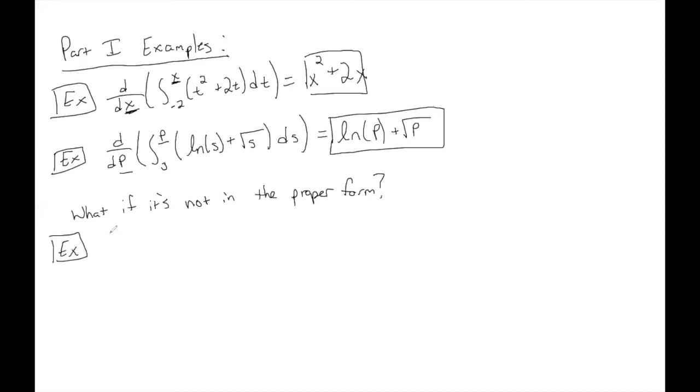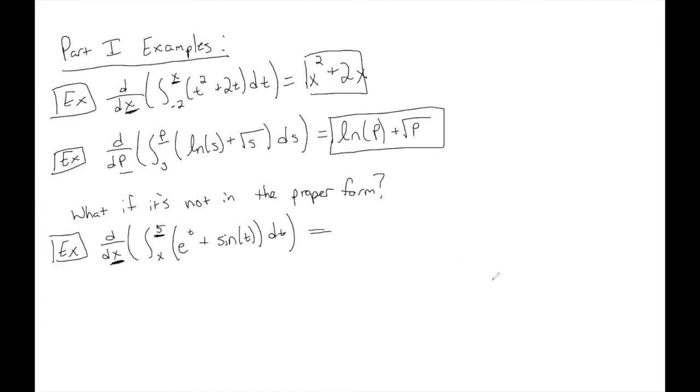Let's say I have the integral from x to 5, for example, of, it doesn't matter, e to the t plus sine of t dt. What if I want to take the derivative with respect to x of this integral? Well, you might want to say it's just e to the x plus sine of x. But remember, I need this and this top bound to match up. And this isn't right. 5 is certainly not x. The x is down on the bottom here. So how do I correct this?